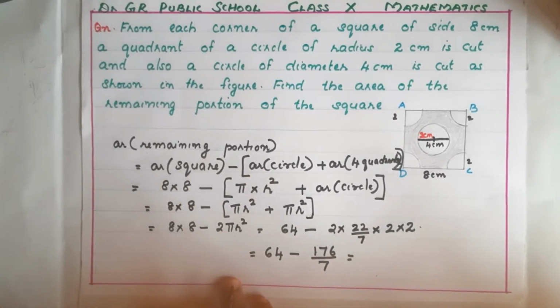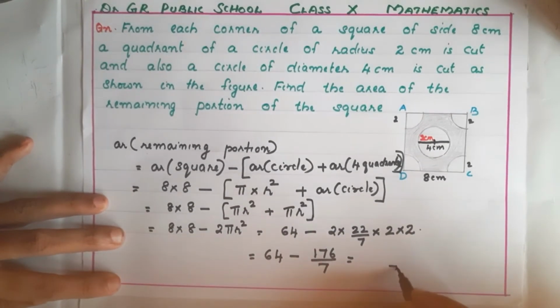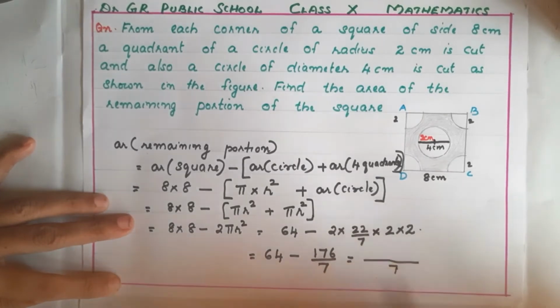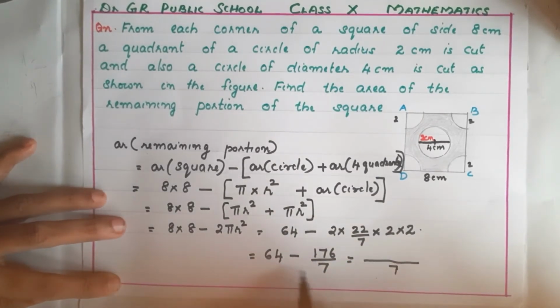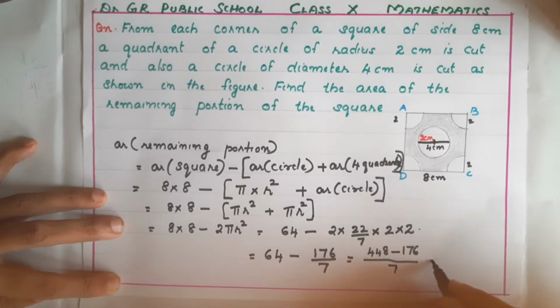Now we have to take LCM. 7 is the common denominator. Then 64 into 7, what is 64 into 7? 448 minus 176. 448 minus 176 is 272 by 7 centimeter square.